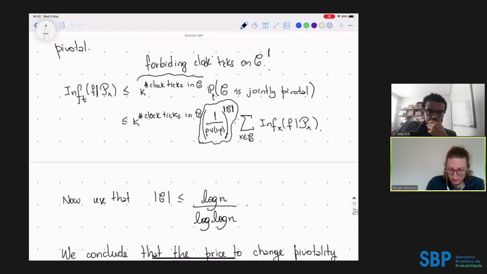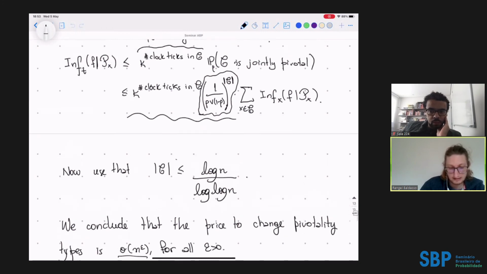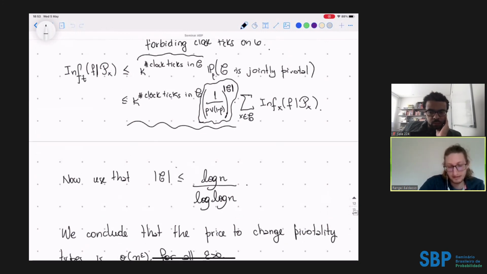And now what we use is that the size of the circuit is of order smaller than logarithm. So we get that this term contributes something that's small o of n to the epsilon for any epsilon that you want. So the price you need to pay to change pivotalities is smaller than any polynomial price that you might want.